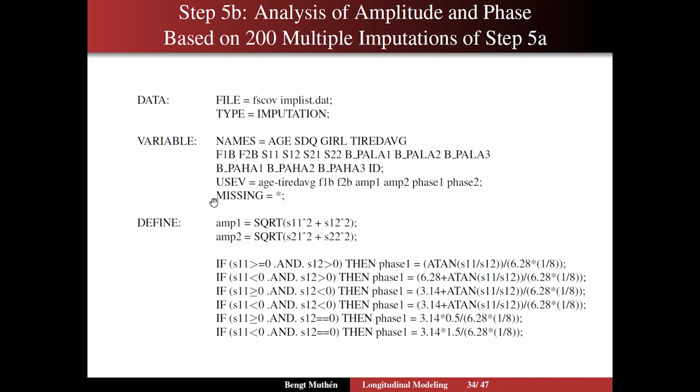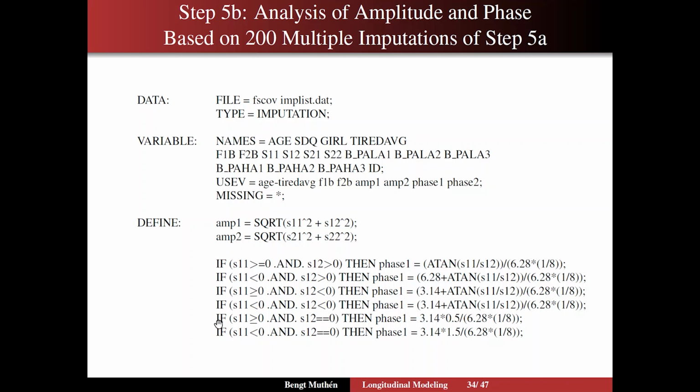Now here in define, we do the transformation from the S variables to amplitude for factor 1 and for factor 2. Down here is a complex statement that really only checks the signs of these random slopes.